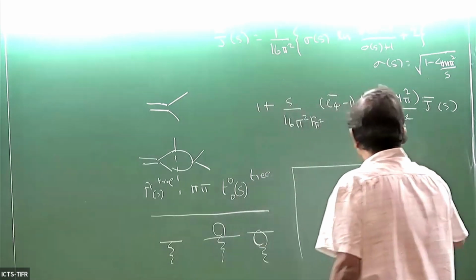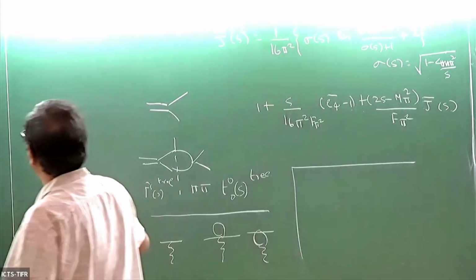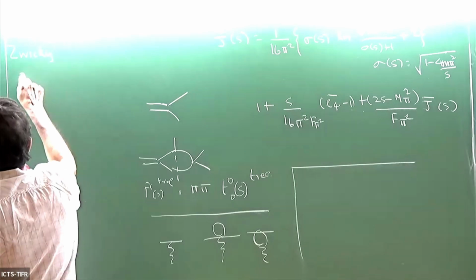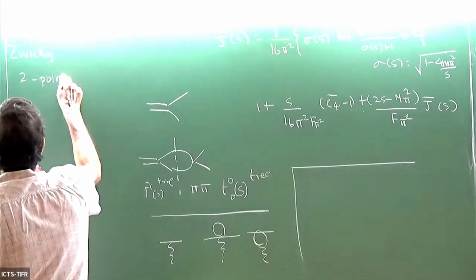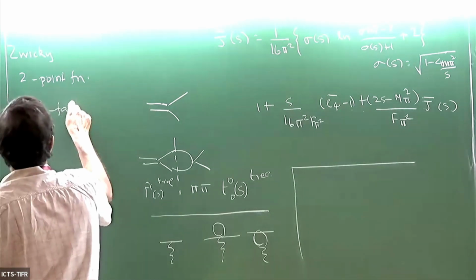Now, there's a question that was routed through Namit about an explicit calculation for some of these dispersion relations. So what we have done so far is we have looked at, from Zwicky, the two-point function, and then we looked at form factors in general.